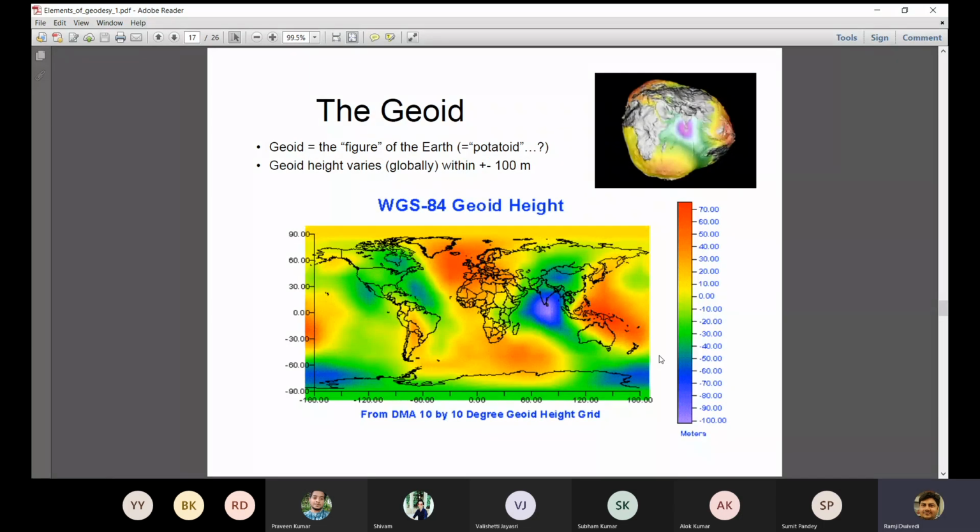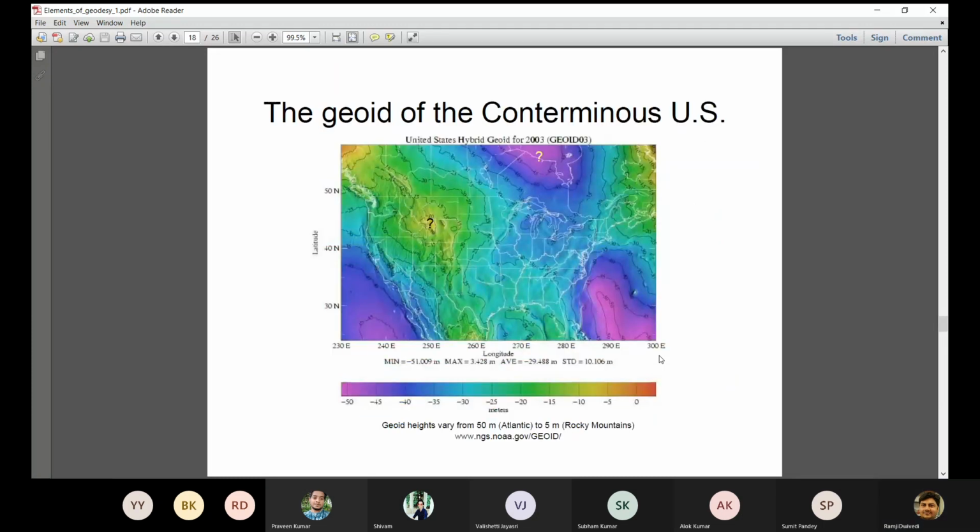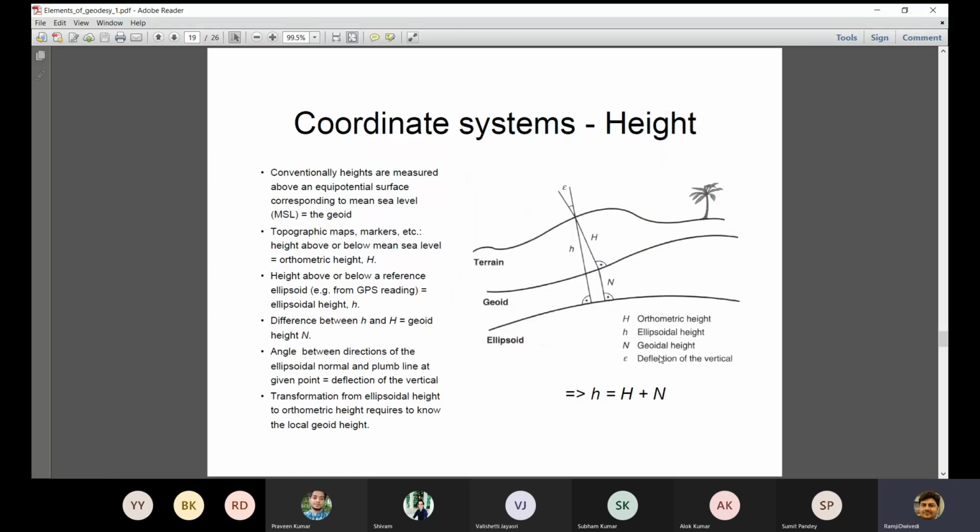So this is the geoid, the so-called geoidal height, which is with respect to WGS84. Okay, so this is the equation: capital H is nothing but h minus N, the relationship.